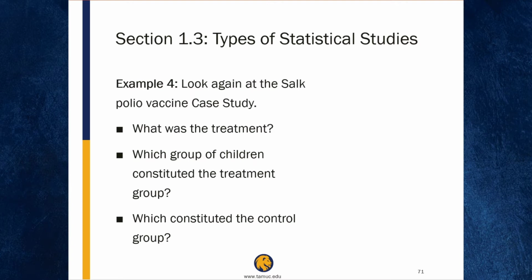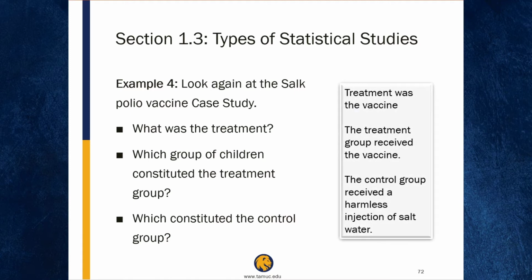Looking again back at the Salk polio vaccine study, we already mentioned what the treatment is here, but which group of children constituted the treatment group and which constituted the control group? Well, the treatment was the vaccine, because that's what was given in order to see if it made a difference.